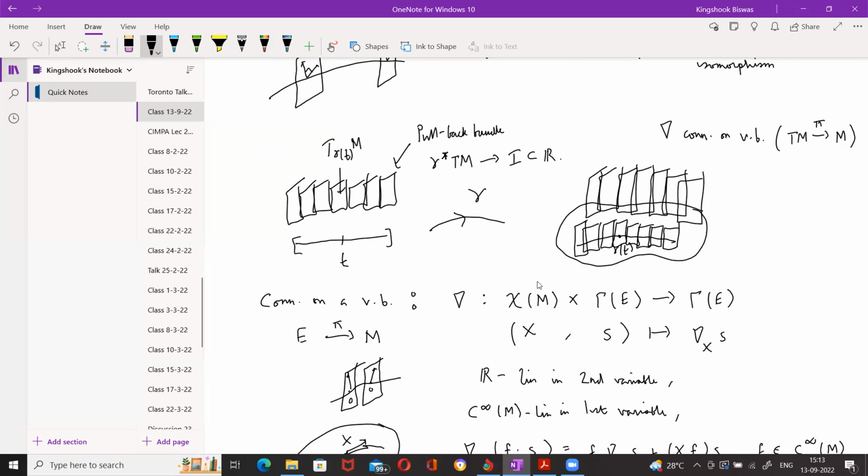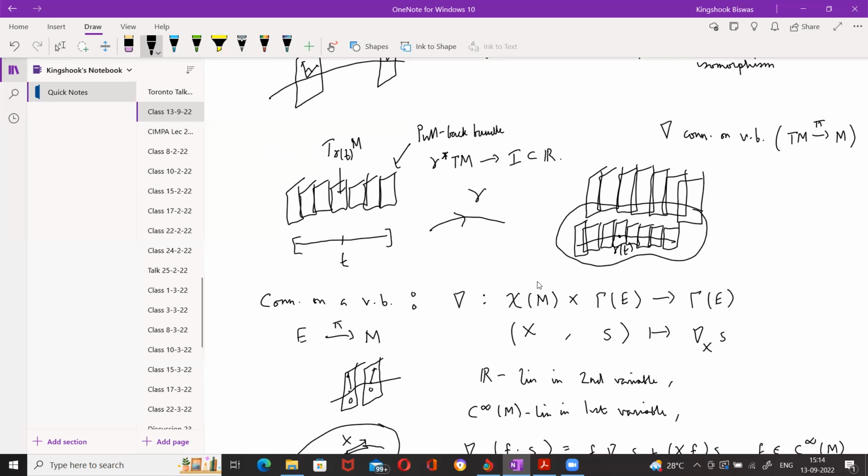For the pullback bundle, the manifold M becomes just the interval I. At each point, the tangent space to the interval is one-dimensional, generated by d/dt. So you just have to say what d/dt does acting on a section S. Your section S is the vector field V along gamma, so you just have to say what V goes to, dV/dt.